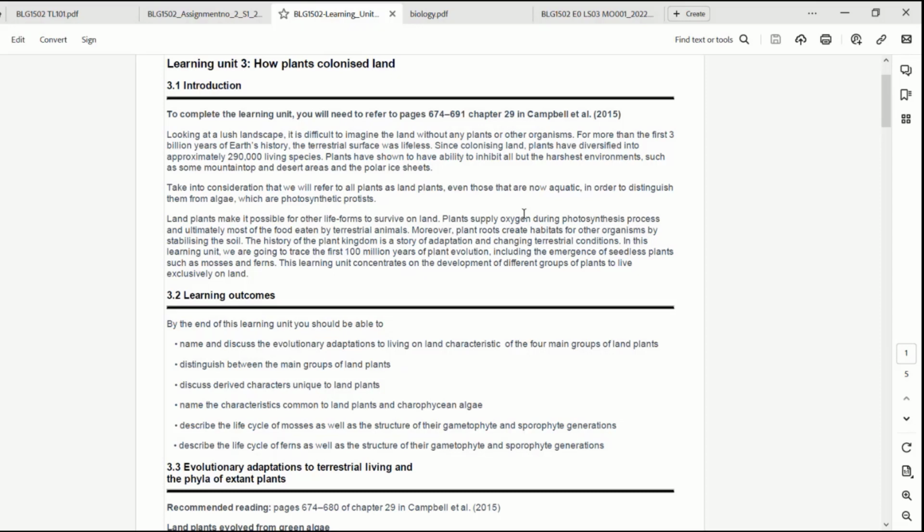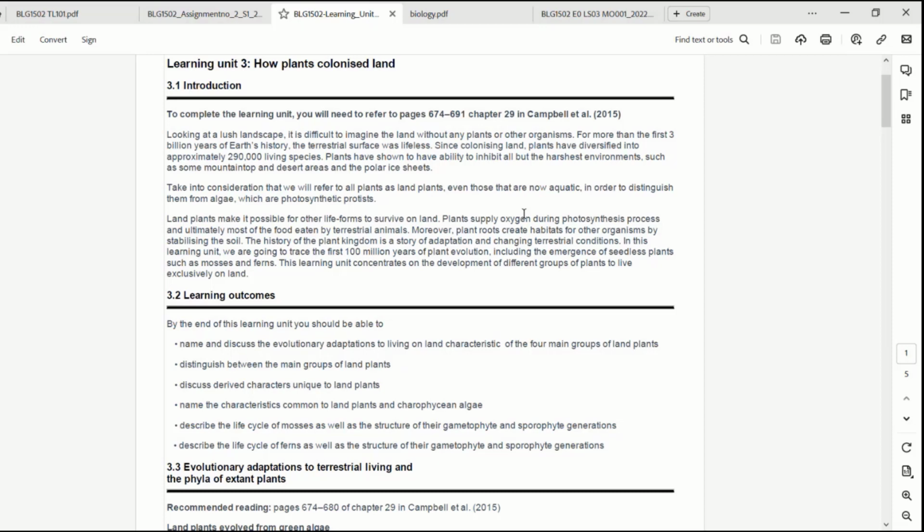We will also refer to all plants as land plants, even though some are aquatic, which we call aquatic plants. If you go to a wetland, or a river, and go to the edges of the river, mostly they call it a riparian zone in some studies of limnology.